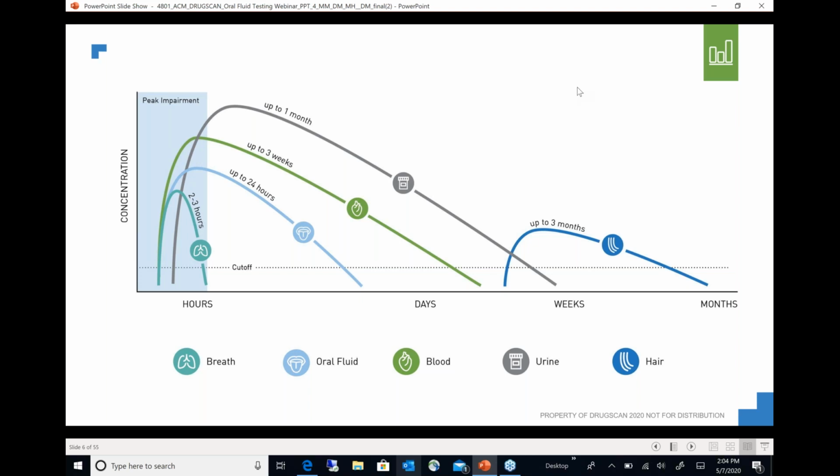Blood may be up to 3 weeks. Urine for certain analytes up to 1 month, typically most analytes 2 to 3 days, and hair, where the detection does not begin immediately, but takes anywhere from 6+ days for the drugs to get deposited and show up in the hair follicle.